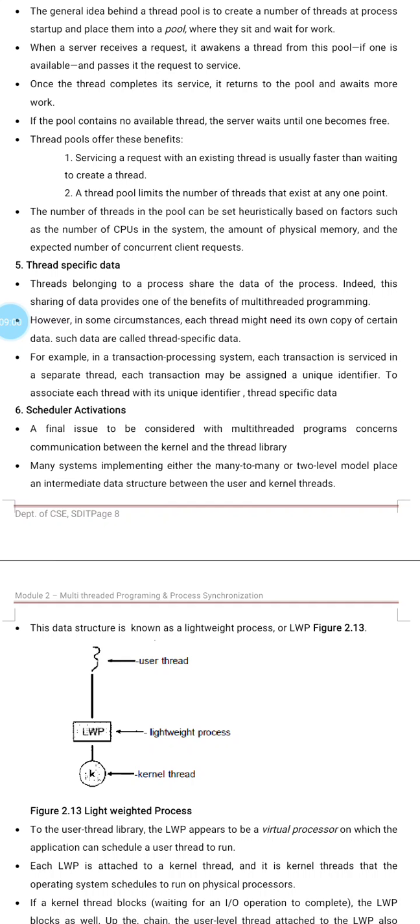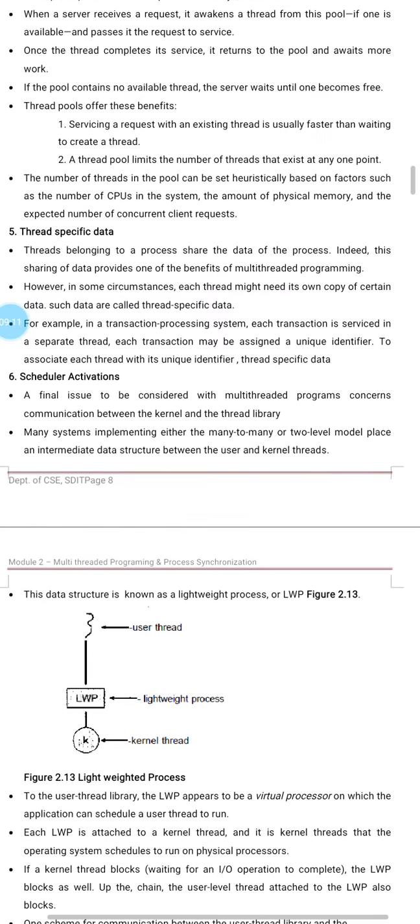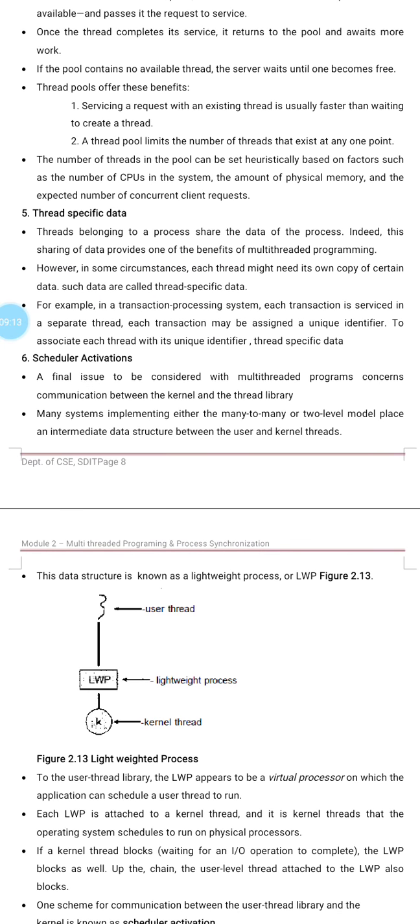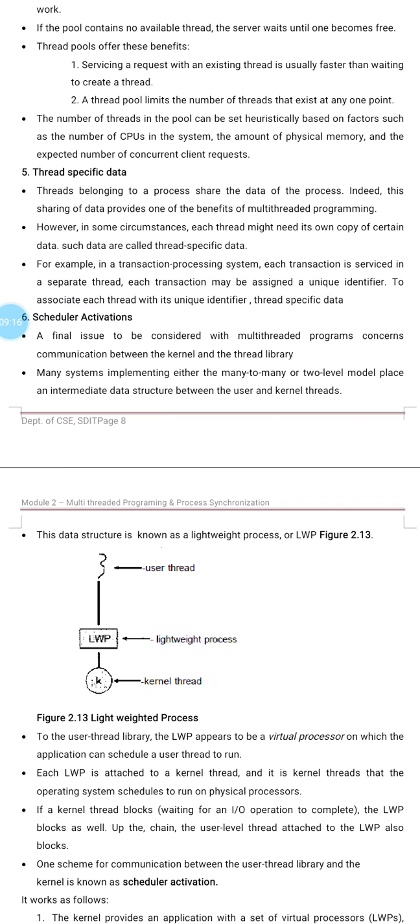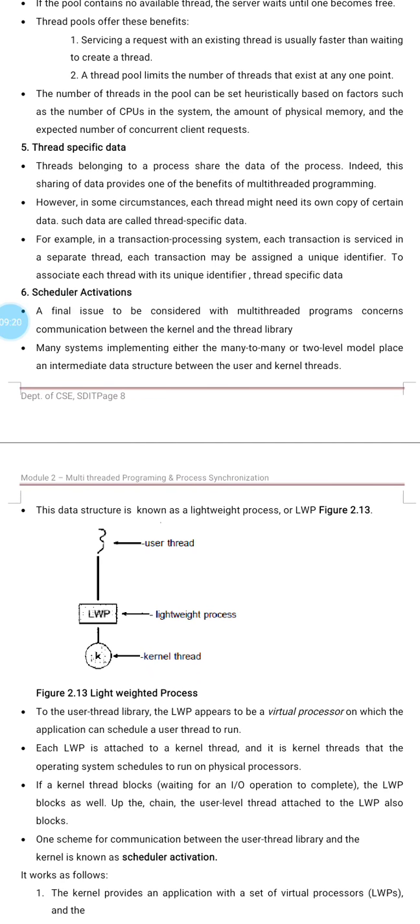What do you mean by thread specific data? There might be some threads that want to have information of their own, and such data is called thread specific data. For example, in a transaction processing system, each transaction is serviced in a separate thread. Each transaction may be assigned a unique identifier.